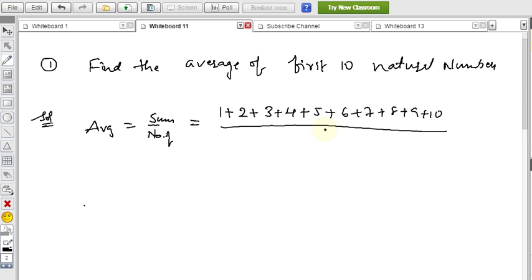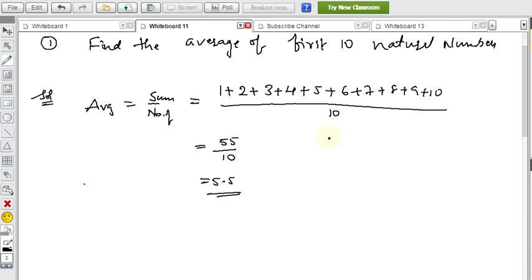And divide by number of observations, 10. So your sum is 55. If I add all the numbers, divide by 10, that is equals to 5.5. So 5.5 is the average of first 10 natural numbers.